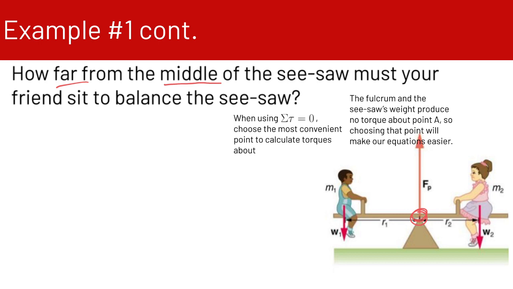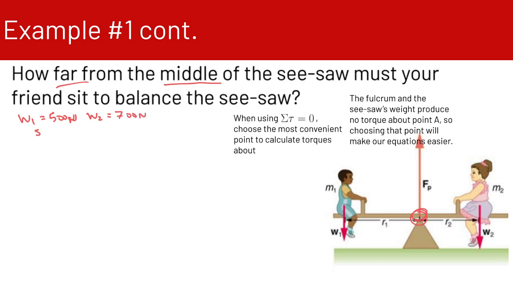All right, so let's bring some information over from the last slide. The little boy weighs 500 newtons, so weight 1 is 500 newtons. Weight 2, the little girl, is 700 newtons.